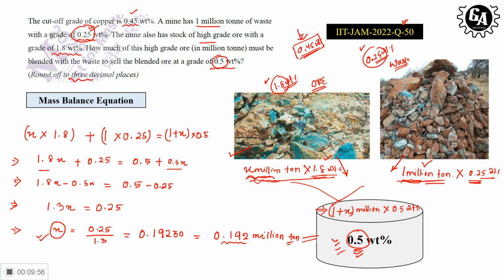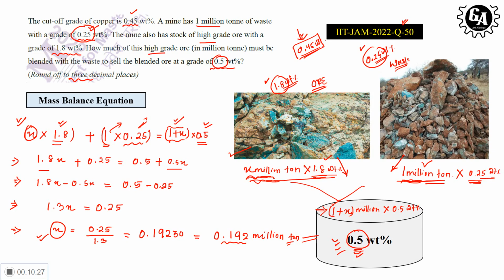This is the simple mass balance equation: x million ton of your high grade ore with 1.8 weight percentage average grade will be blended with 1 million ton of your waste having grade of 0.25 to make a blended grade of 1 plus x million ton having 0.5 weight percentage average grade. So the question is how much of this high grade ore must be blended.